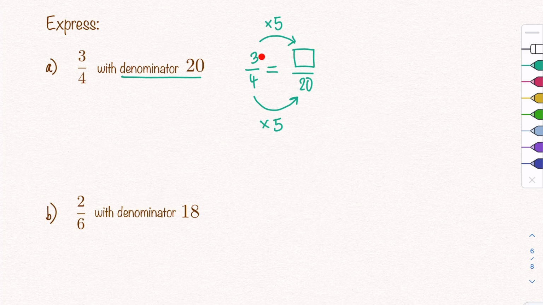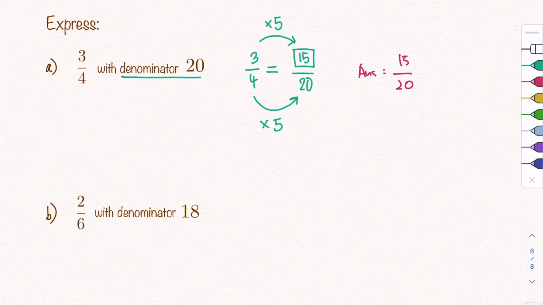And so 3 times 5 equals 15. And that means that 3 over 4 is equal to 15 over 20. So going back to the question, expressing 3 over 4 with a denominator of 20, the answer is 15 over 20.